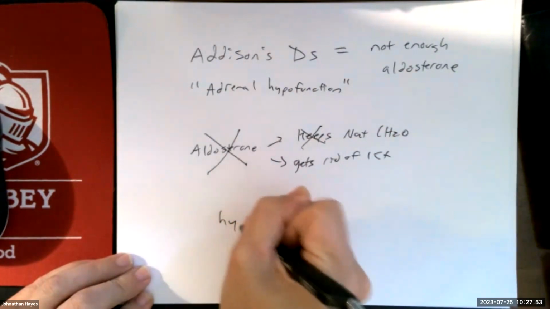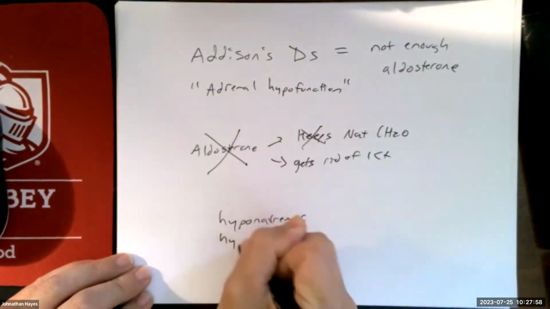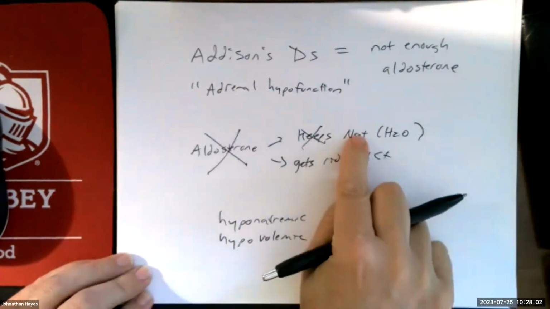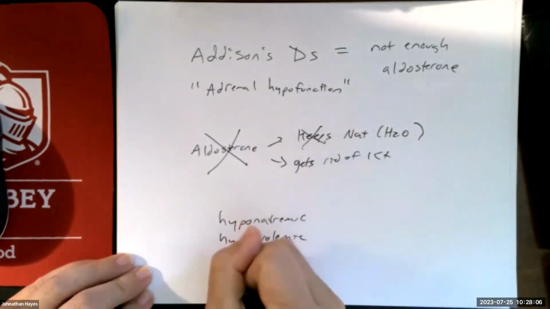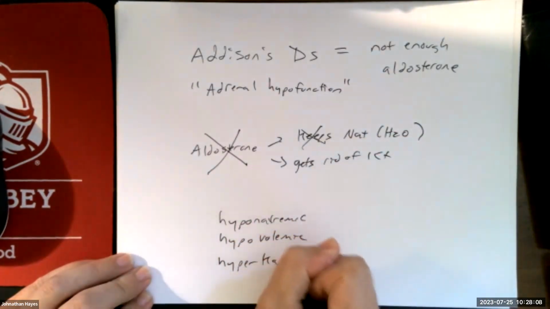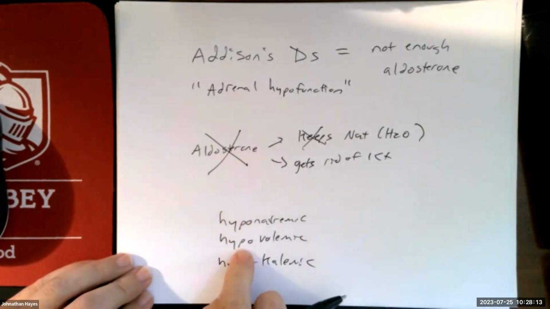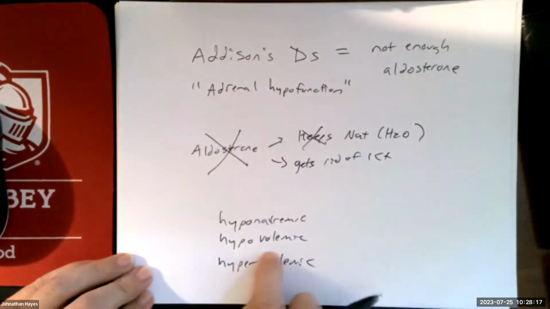So I become hyponatremic. I become hypovolemic, because if I can't keep the sodium, I can't keep the water, and I can't get rid of potassium, so I become hyperkalemic.